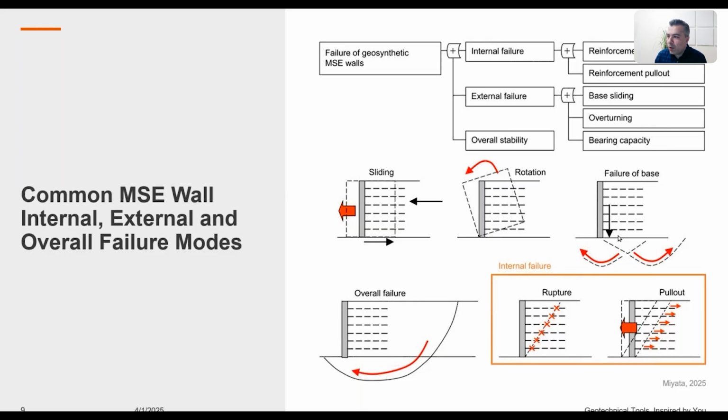And they can fail internally, basically rupture of reinforcements or pullout. And they can have overall stability failure as well. So these are the typical types of failure that I will talk about in this webinar.